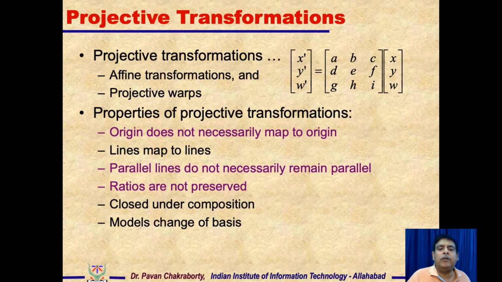Properties of projective transformation are: the origin does not necessarily map to the origin, similar to that of affine transformation. Lines map to lines, but here parallel lines do not necessarily remain parallel. Ratios are not preserved, but it is closed under composition, and there is a model change of basis that takes place.